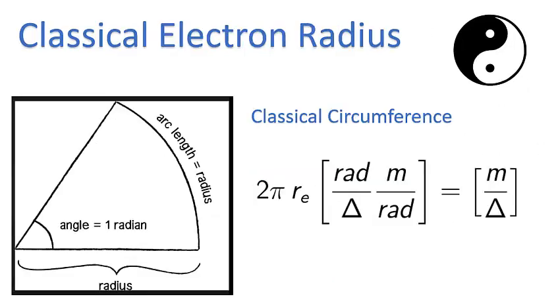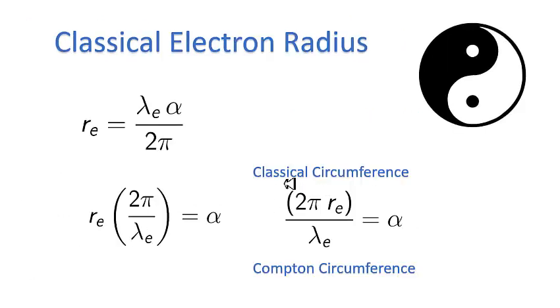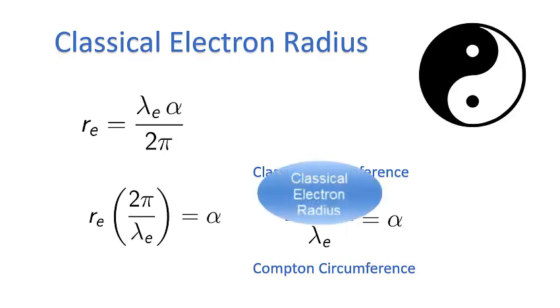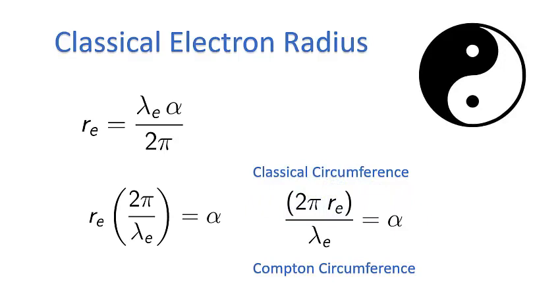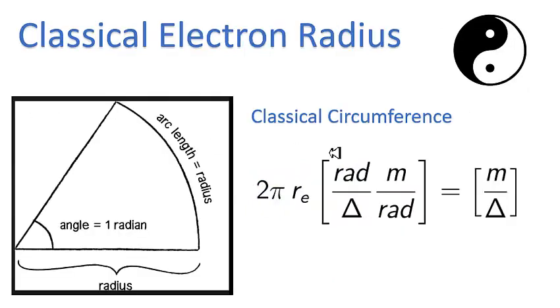So I just want to take a little aside here, and we're going to have a closer look at this term here, 2 pi times the Compton radius of the electron. And we're going to do unit analysis on it. And so here is the 2 pi times the Compton electron radius. 2 pi, as you may recall from my 2 pi or not 2 pi video, has the units of radian per cycle.